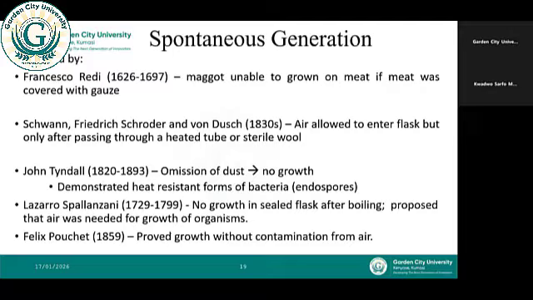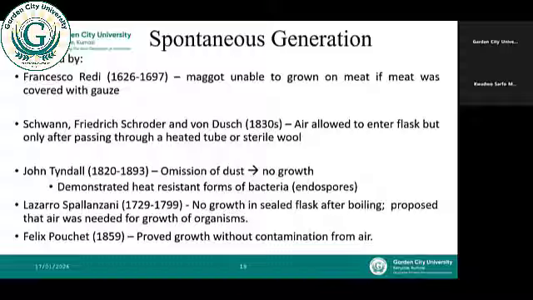Francesco Redi said that maggots are unable to grow on meat once you cover it with gauze or a cork. And Schwann, Frederick, and von Dusch also allowed air to enter the flask. But once you heat, it becomes sterile. So heating eliminates or kills these microorganisms.